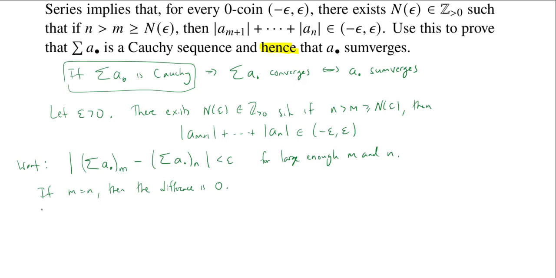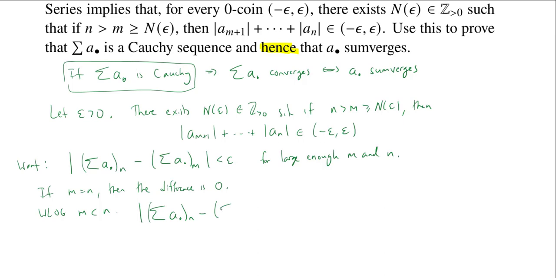All right, so without loss of generality, we assume that m is less than n, or n is greater than m. Okay, in this case, when I look at this difference now, maybe I will put the n first, just so that we don't have to switch order. Fine, I'll put the n first.